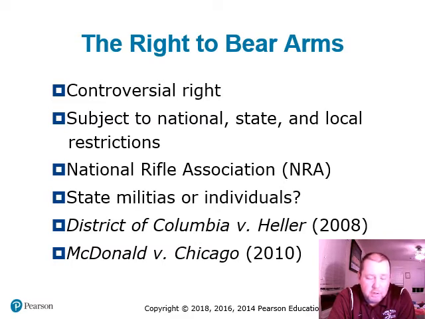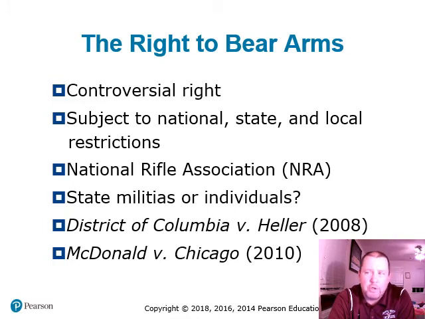D.C. v. Heller basically said that the District of Columbia couldn't deny somebody the opportunity to purchase a firearm, a handgun. Heller, I forget exactly how the case went down, but basically Heller ended up in a situation where D.C. would have made it impossible for him to legally own a gun without actually outlawing guns.